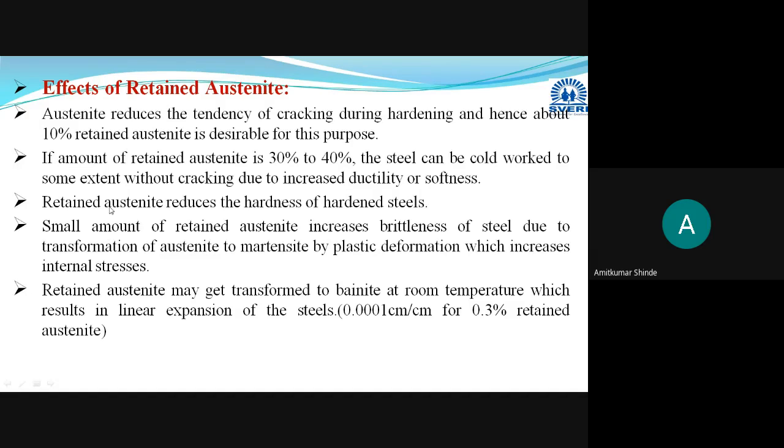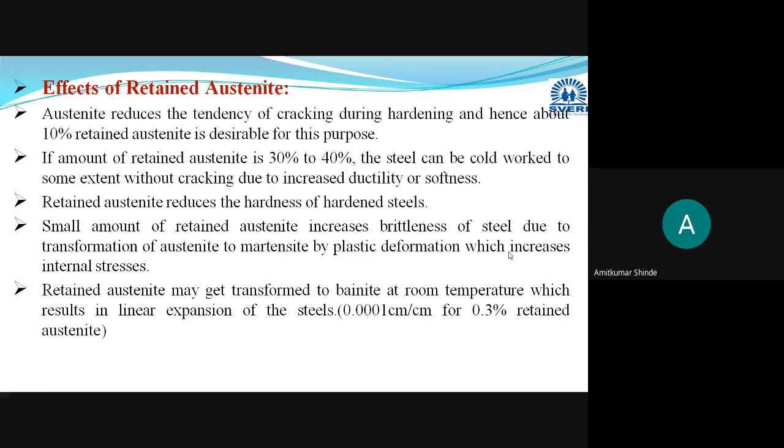So these are the two disadvantages: it will reduce the hardness, and it will increase the brittleness due to transformation of austenite to martensite by plastic deformation. Due to this plastic deformation, internal stresses increase, and the steel becomes brittle in nature.